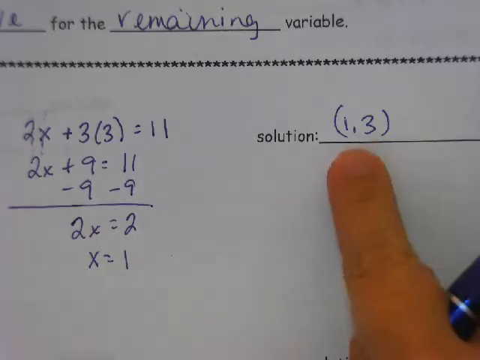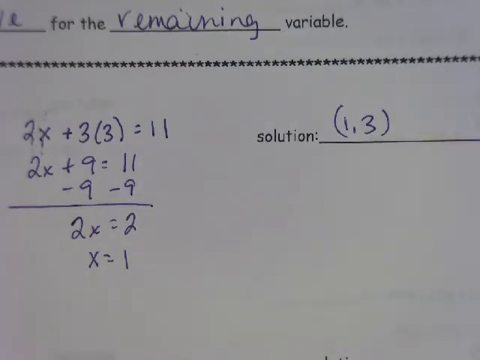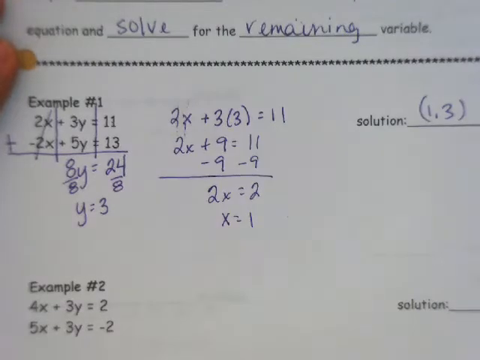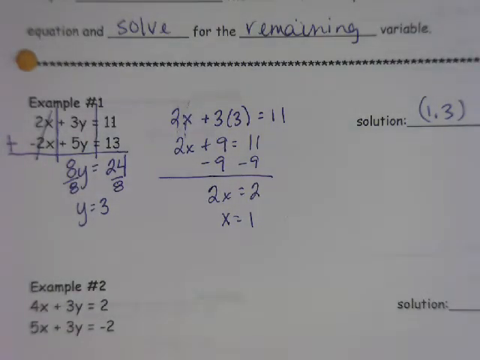Okay, that means if I put 1 in place of x on both of my equations and 3 in place of y on both of my equations, I will get a true statement. All right?